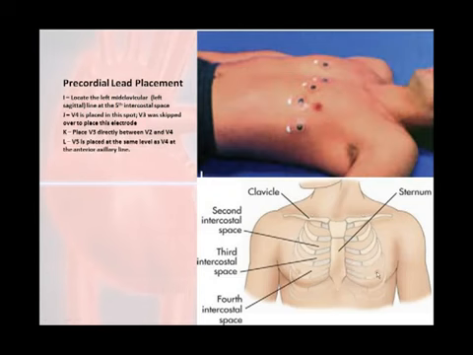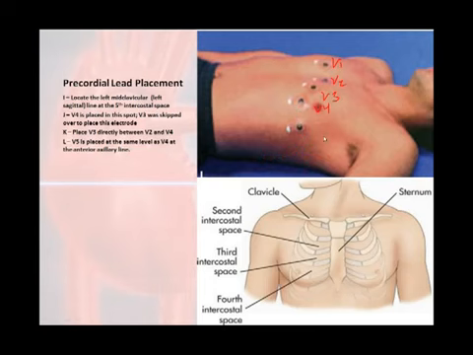Now V5 is actually placed at the same level as V4. So here we have V1, V2, this is V3, V4. From here, I'm just going to place these in a direct line in this direction. I don't curve up, I don't curve down, it's in a straight line: V4, V5, and V6.